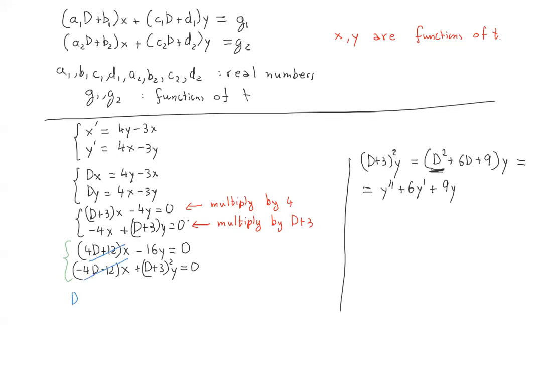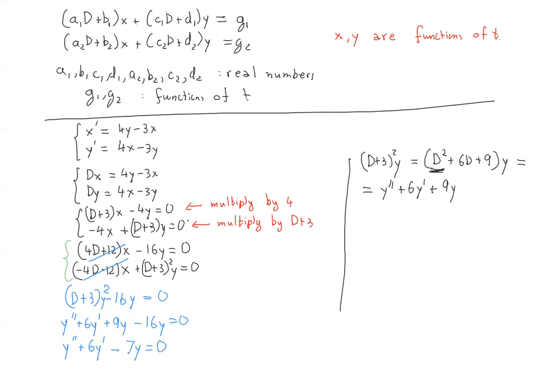And what you're going to get is (d plus 3) squared minus 16, y in both cases, is equal to 0, which of course can be interpreted, as I told you before, as y double prime plus 6y prime plus 9y minus 16y is equal to 0. And that eventually gives you y double prime plus 6y prime minus 7y is equal to 0.